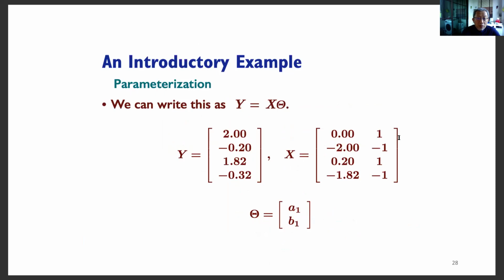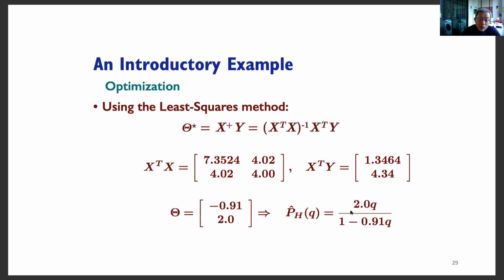Then we use y is equal to x theta. Y is 2, 1.82, and 0.32 from the data, and x is the input-output data. Theta is the estimated parameters of A1 and B1.